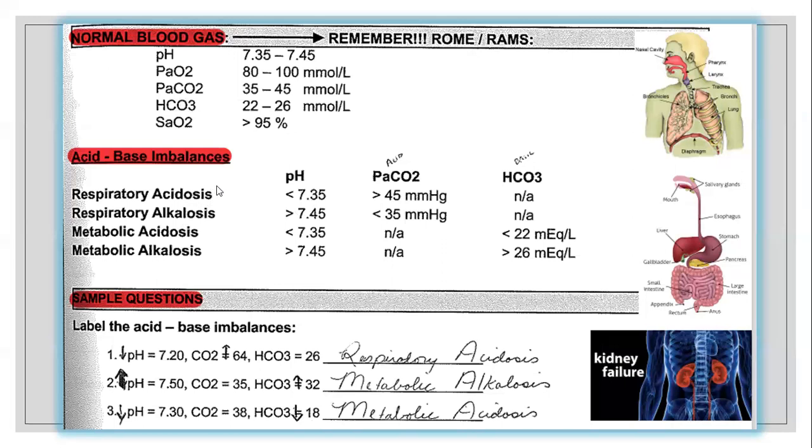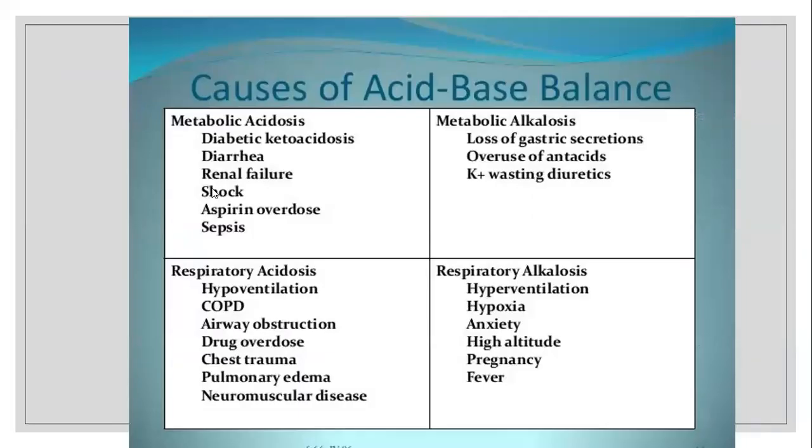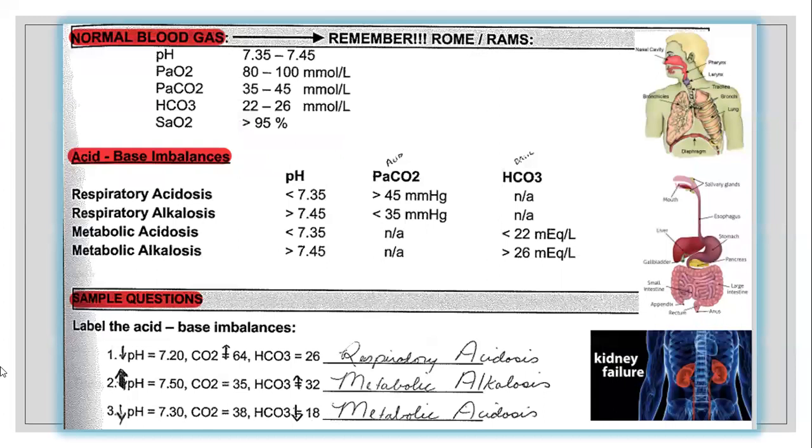So usually the formula says that in case of respiratory acidosis, pH is supposed to be less than 7.35, bicarbonate is within the normal range, but partial pressure of carbon dioxide is supposed to be more than 45 millimeter of mercury, more than the upper limit.